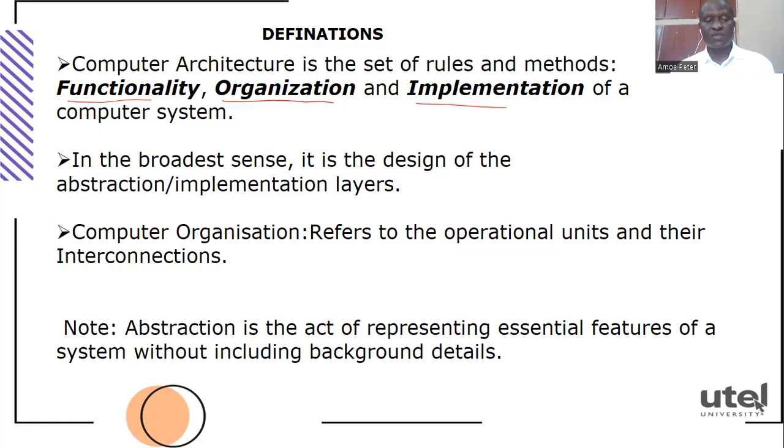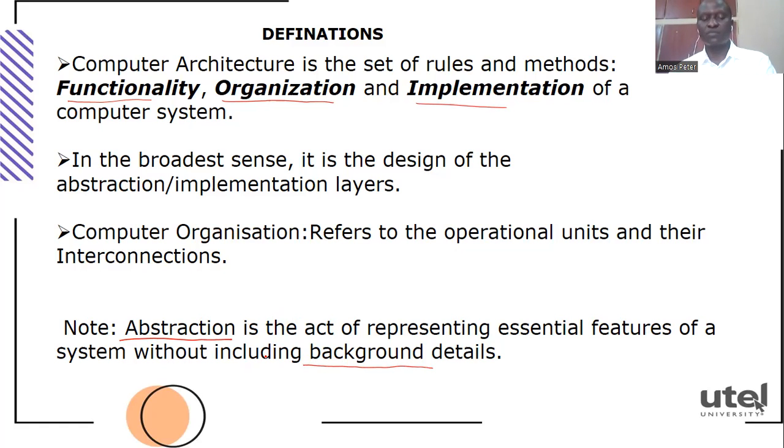The word abstraction refers to the act of representing essential features of a system without including the background details. This tool is usually used to help reduce complexity while designing any system, and it helps us to do that optimally and more efficiently. So you can see that background details are removed whenever we're trying to do any abstraction.